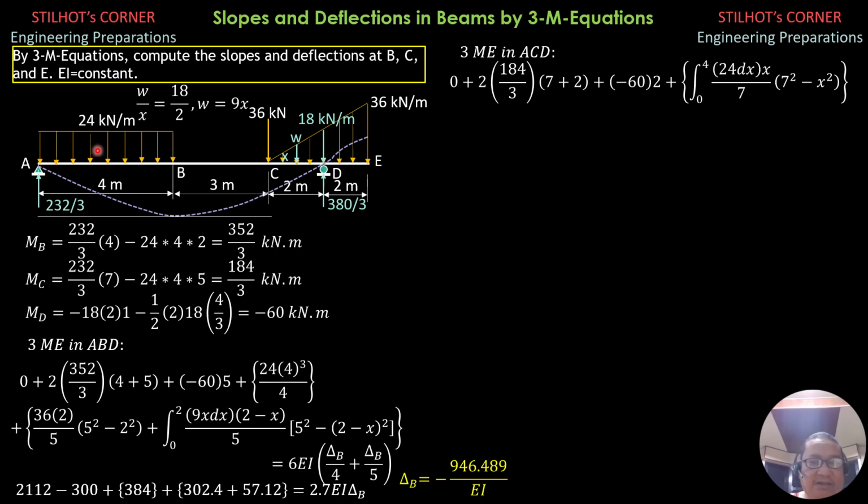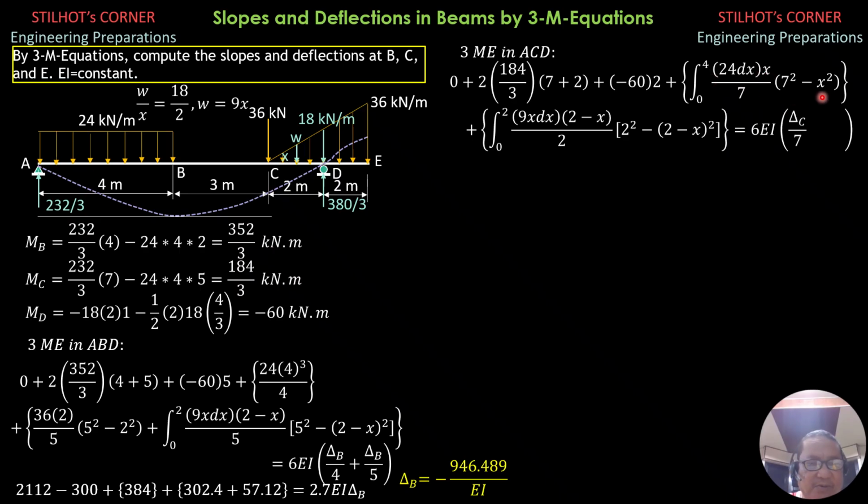This is the strip, and imagine this is x, so the integral of 24 dx times x over L, which is 7, quantity 7 squared minus x squared. So integral 0 to 4, 24 dx, x over 7, quantity 7 squared minus x squared.